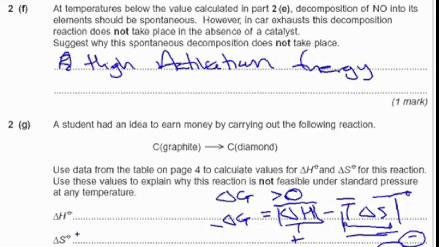So what I'm expecting is, I don't really care about delta H, but I'm expecting it to be positive, because if it's negative, it's going to be a spontaneous reaction at some point. I also expect delta S to be negative. So I'm expecting delta H to be positive and delta S to be negative.